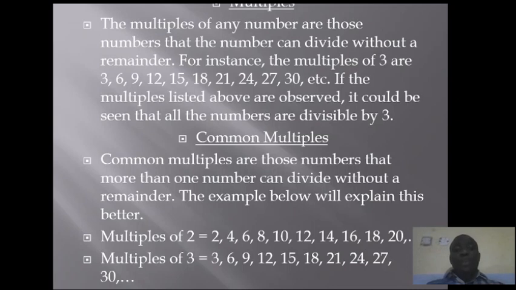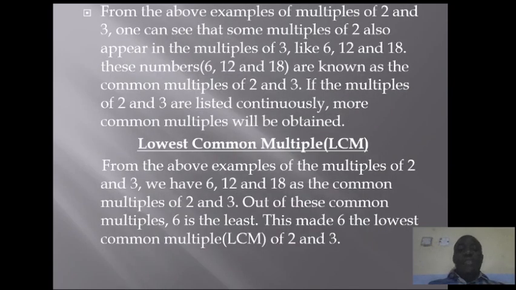The multiples of 2 are 2, 4, 6, 8, 10, 12, 14, 16, 18, 20, etc. And the multiples of 3 are 3, 6, 9, 12, 15, 18, 21, 24, 27, 30, etc. From these examples, the common multiples are 6, 12, 18.